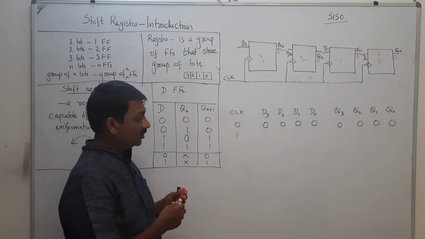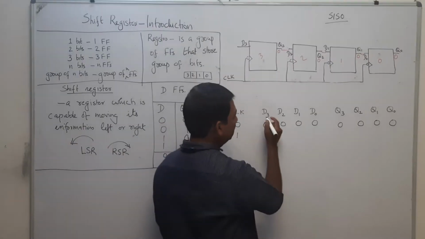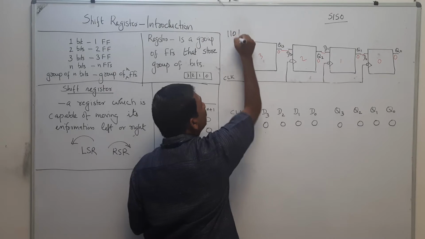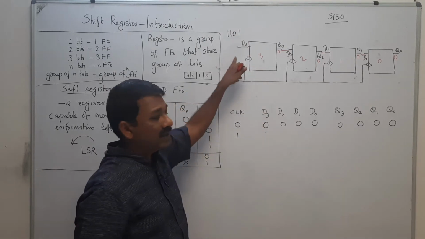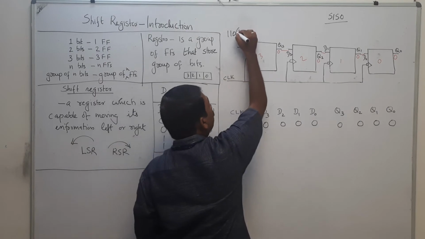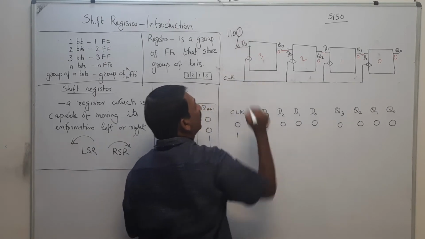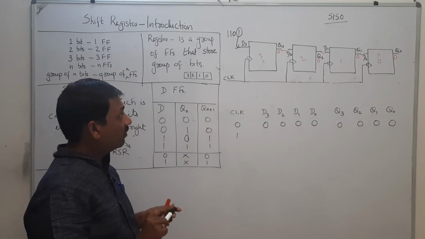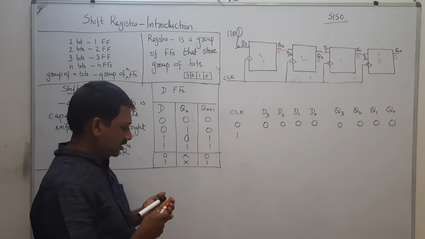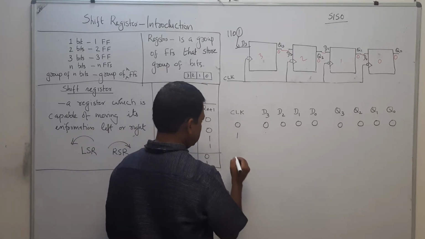Suppose that for the next cycle, D3 is 1. That means I am going to give an input of 1101 to this D3. For the first clock cycle, I am going to apply this 1 over here. The clock is like this.